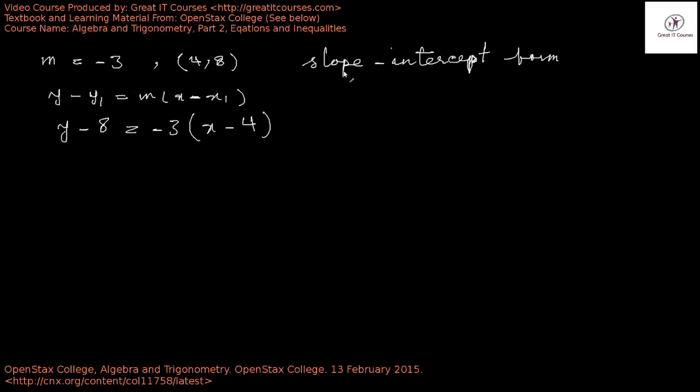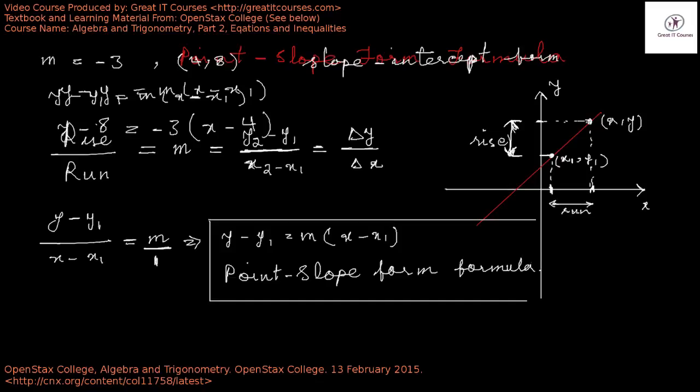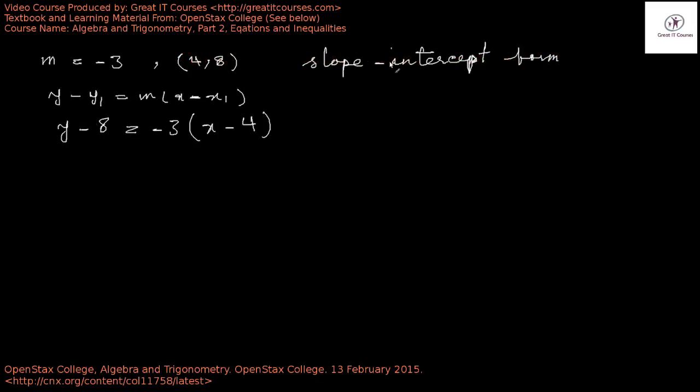So we call this form the point slope form. Now the slope intercept form is basically y is equal to mx plus b, and that's called the slope intercept form because here you can simply see the slope of the line, and here you can see the y-intercept of the line. But we'll get to that later once we're done with this.